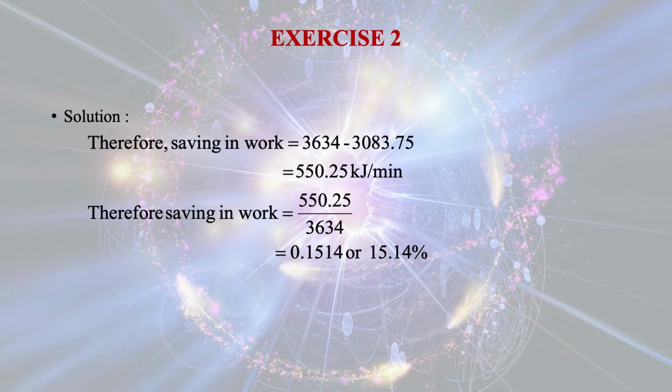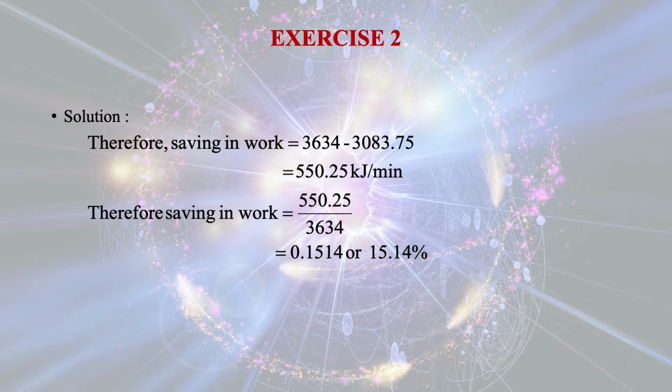So this is the process for the single-stage compression process. You have calculated W total, which comes out to be 3634 kilojoule per minute. So the saving in work is 3634 minus 3083.75, which comes out to be 550.25 kilojoule per minute.